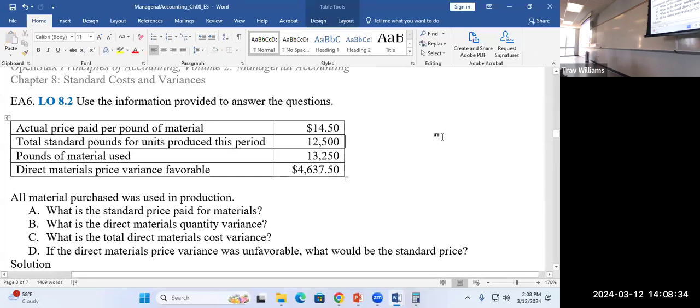But I want to make sure, are there any questions about what we've done so far? We took those two formulas, direct material price variance, direct material quantity variance, we plugged in the numbers, got our totals, combined them together to get a total cost variance. But any questions about what we've done so far? Okay.